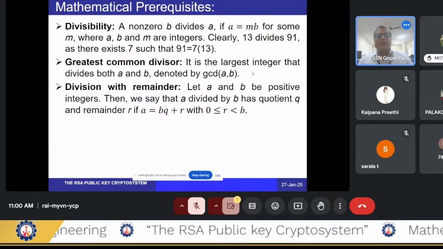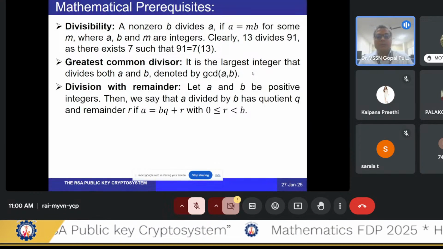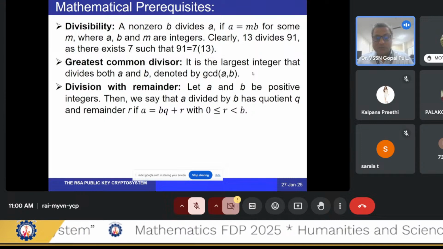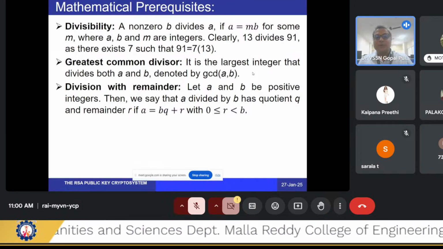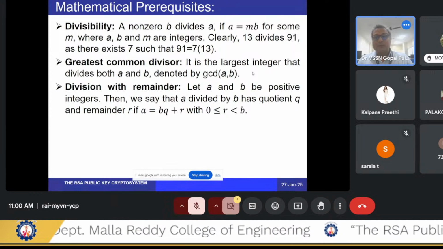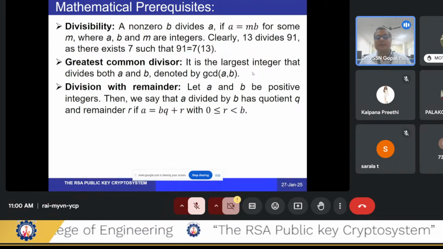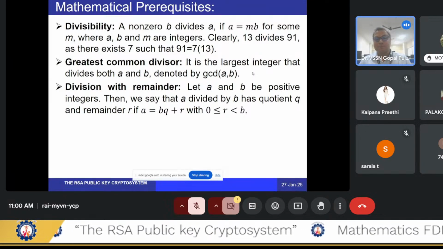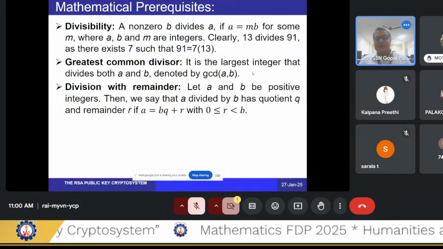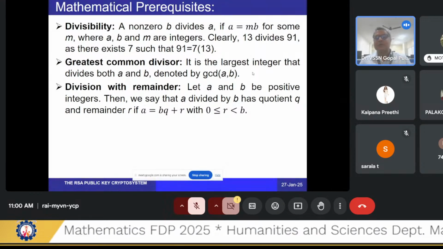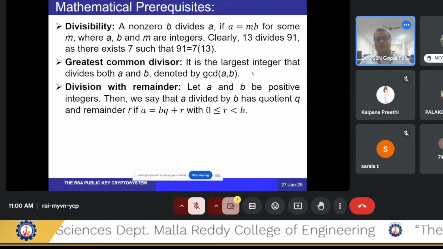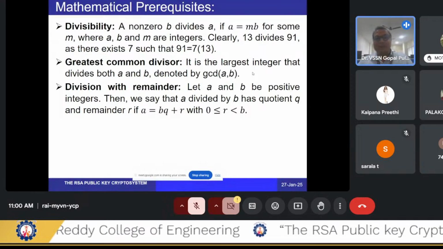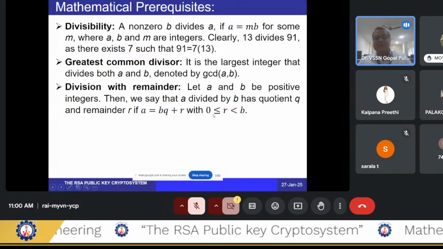Then this is about division with so-called remainder. Suppose we consider two positive integers a and b. If a is divided by b, we end up with a quotient and a remainder, where the remainder is between 0 and b.